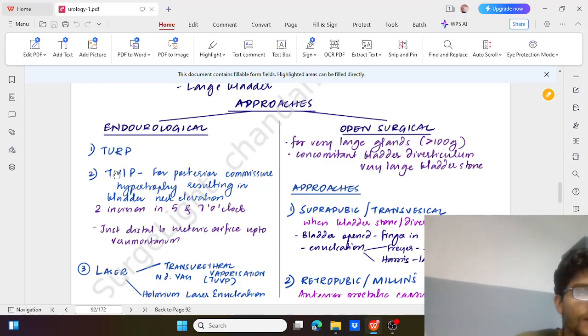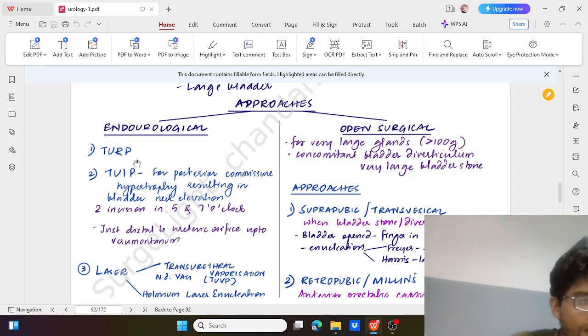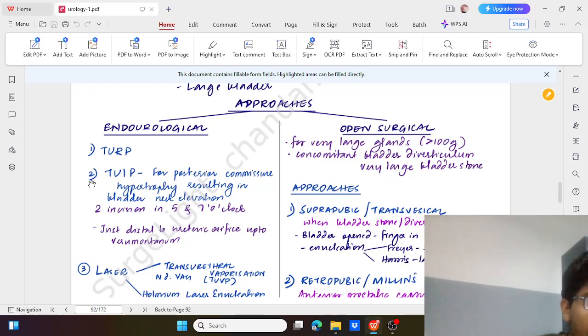Then in cases of large prostate, we can also go for staged TURP, that is going for a TURP in two stages, because a large prostate, if done in a single sitting, can be dangerous for the patient. So staged TURP in an interval period of 5 to 7 days when the patient is physiologically improved.